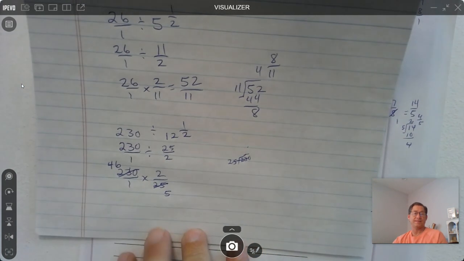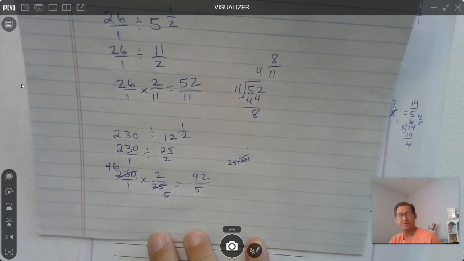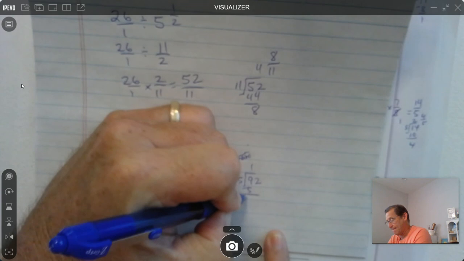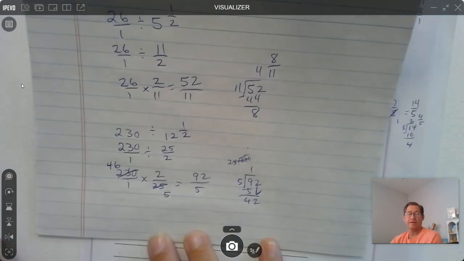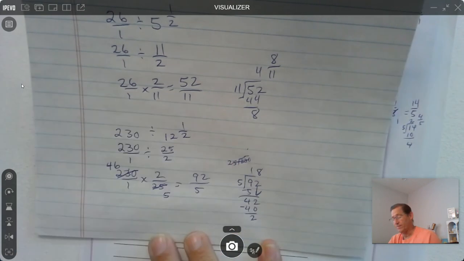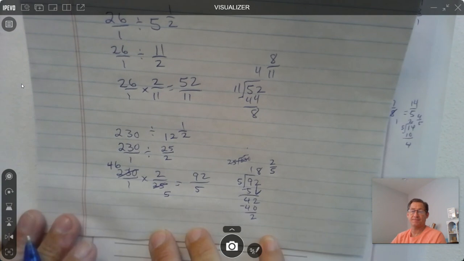Okay, so 46 and 5. Now to multiply across, 92 fifths. Take 92, divide by 5. 5 times what is close to 42? 8. And we're left with a remainder of 2, so 18 2/5.